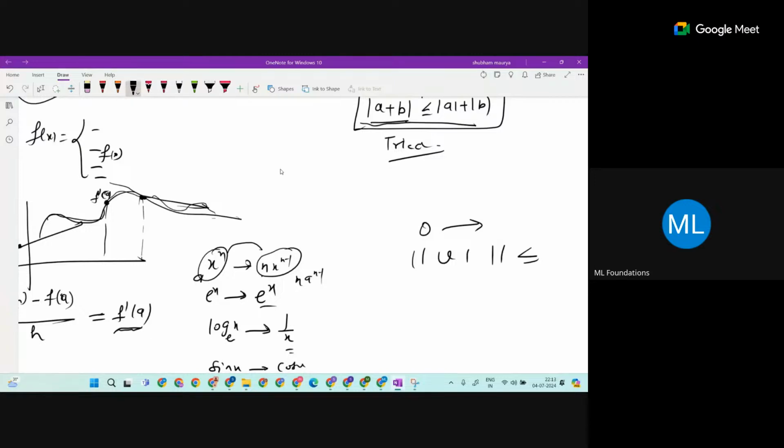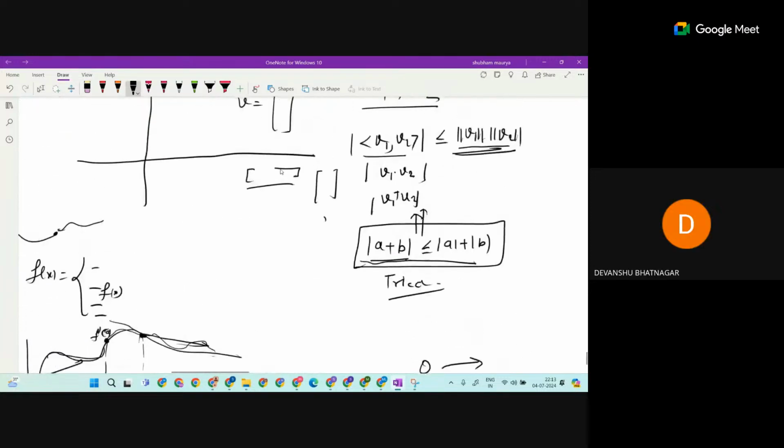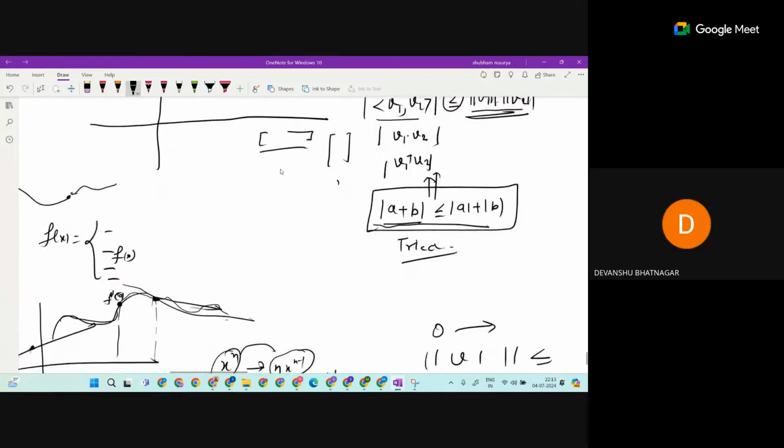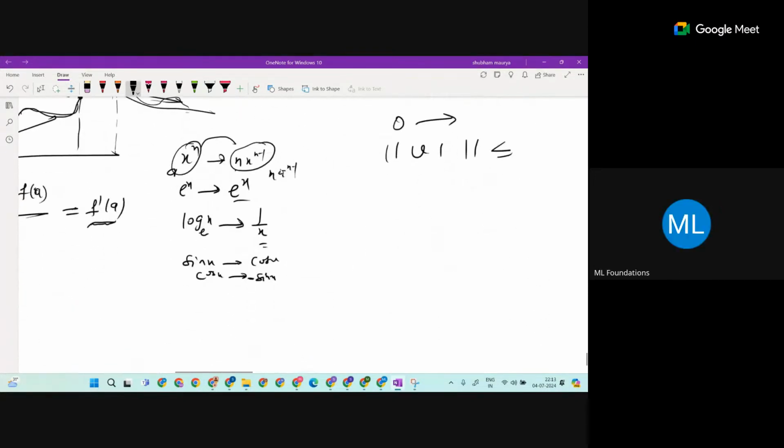When you study optimization, you will need this inequality. Optimization will start from week 7, 8 and 9, and there you will see the use of Cauchy-Schwarz. Okay, got it, sir.